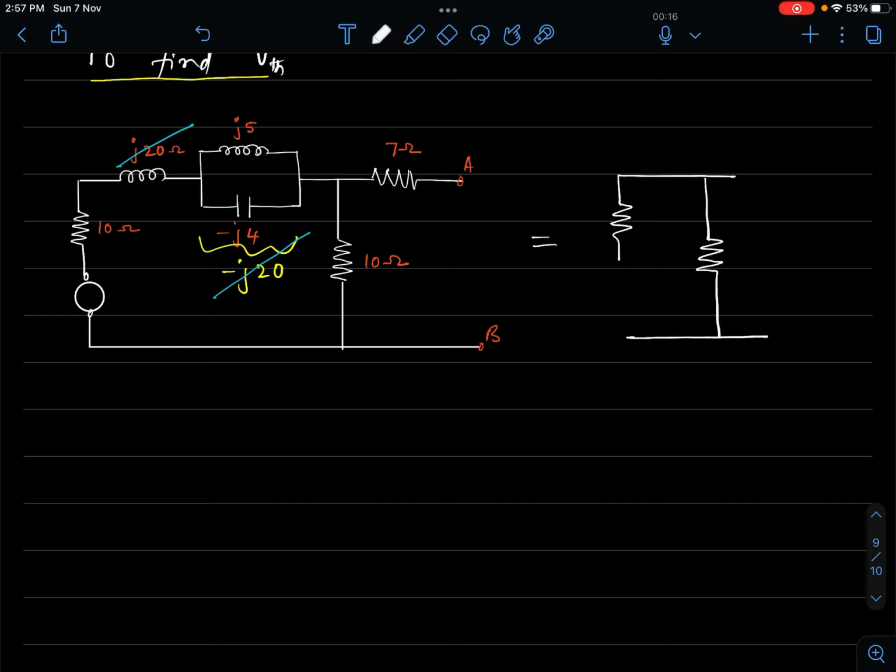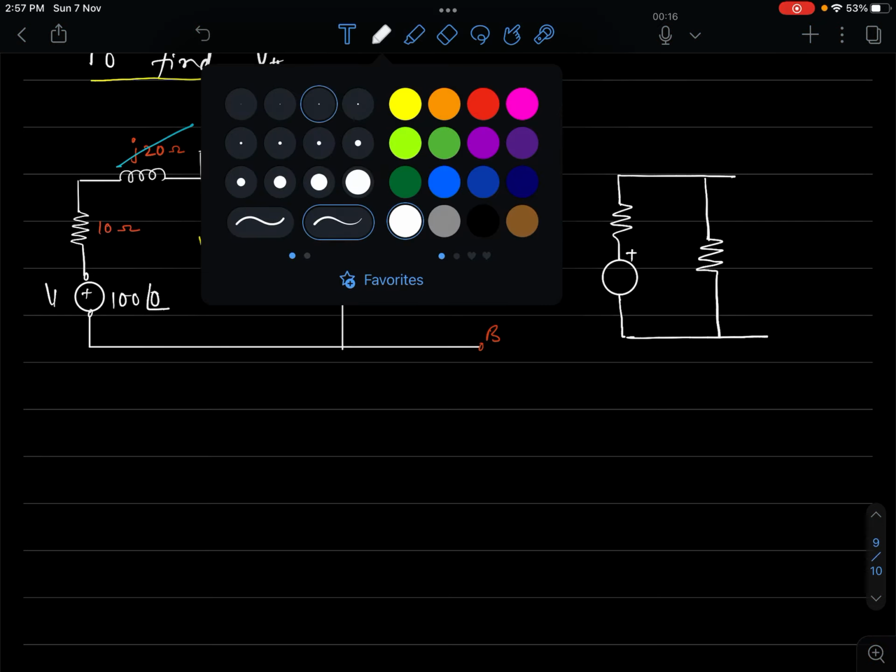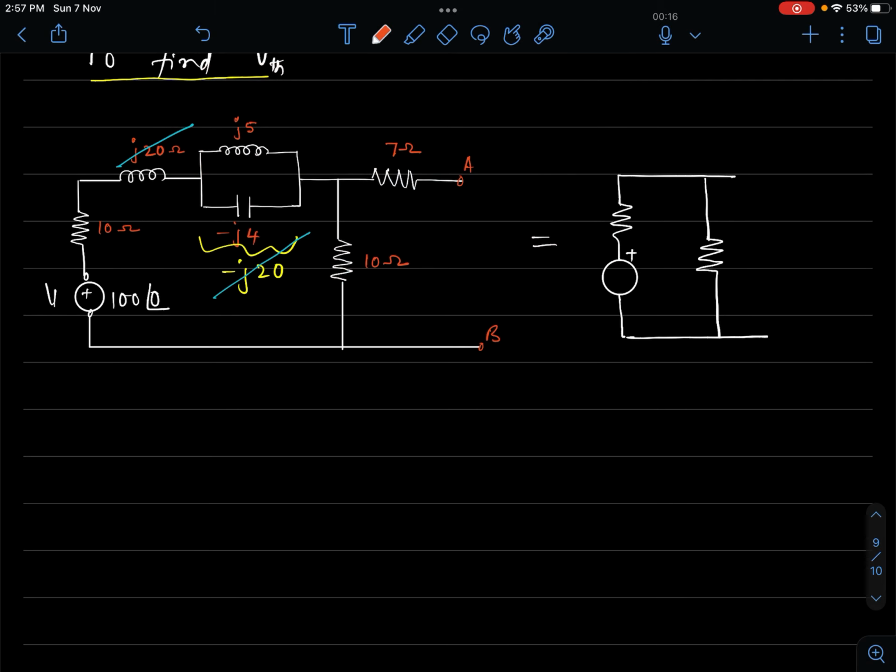What is the magnitude of the source? It's 100 volt, right? The source is given to be 100 at an angle 0. This is my source V, which is equal to 100 volt.